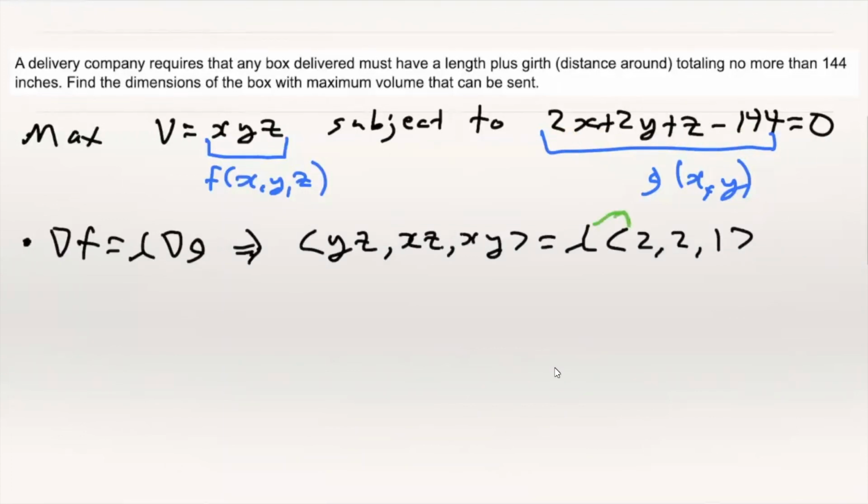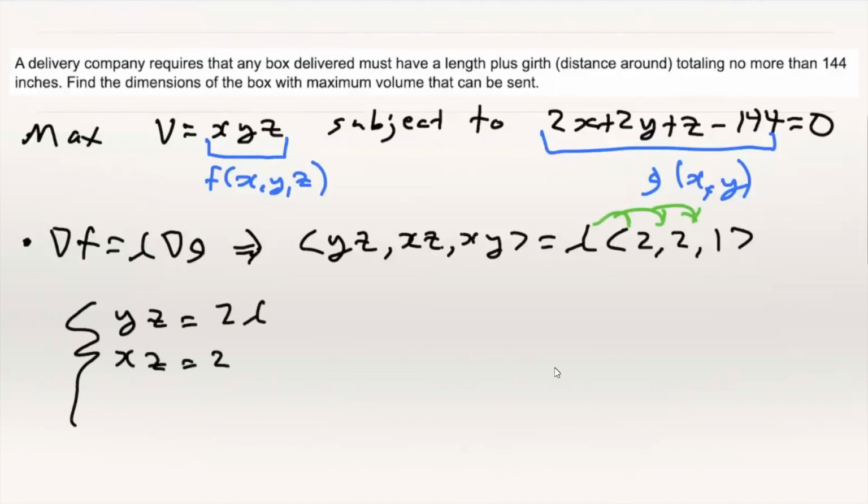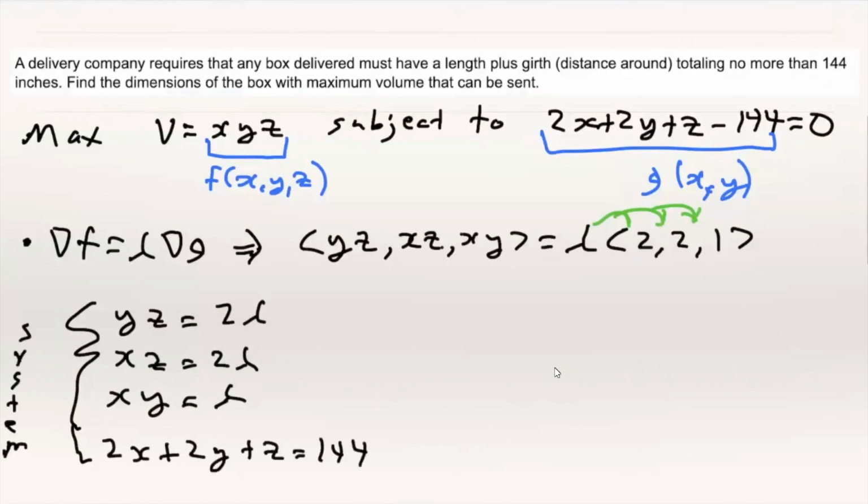And distributing that out, we have the system. Okay, yz is 2 lambda, xz is 2 lambda, and xy is lambda. Okay, and we still have our constraint naturally. Okay, and once again, we have a not very pretty system. I mean, it's 4 variables, 4 equations.